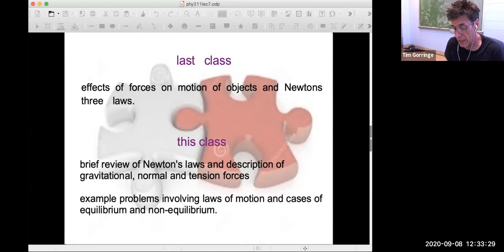One class is what we call equilibrium, and the other class is what we call non-equilibrium. And so, the problems that we work through today are kind of the dramas or the action movies that we're making out of these casts of characters, which are gravity, normal force, and tension.